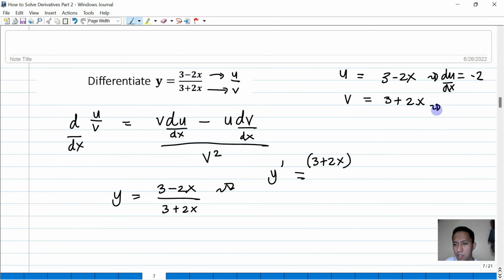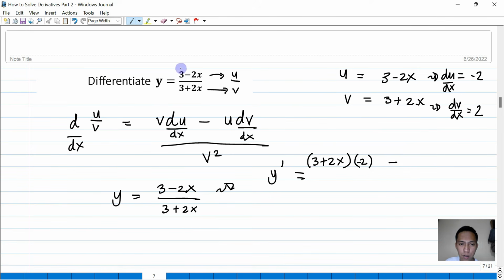So for v naman, we have here derivative of v with respect to x. So that is just, so copy the coefficient. So that is just positive 2. Okay, so this becomes, yung derivative of u with respect to x natin is negative 2. Minus, we have here u.